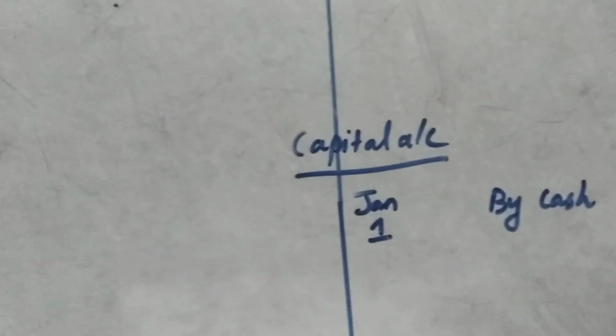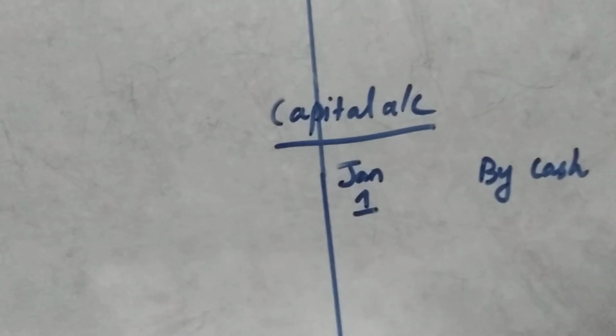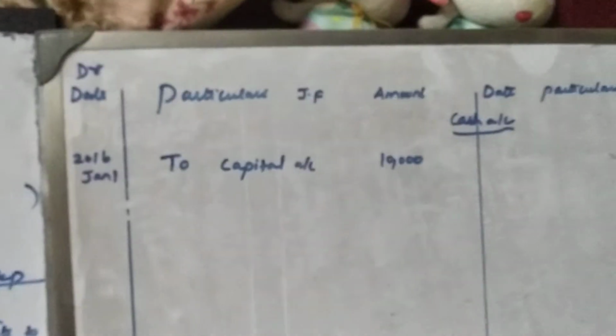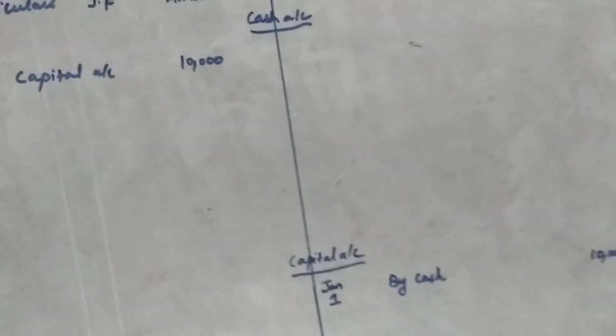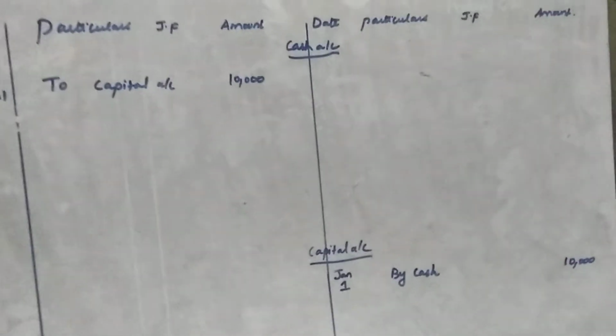By cash 10,000. So in cash account you will be writing to capital, and in capital account you will be writing by cash.